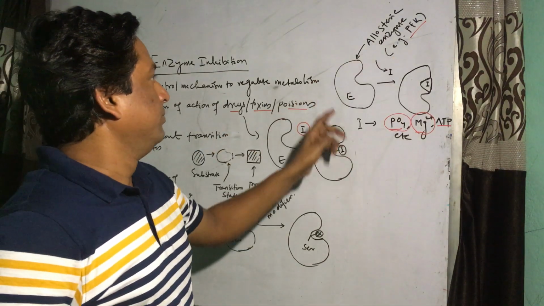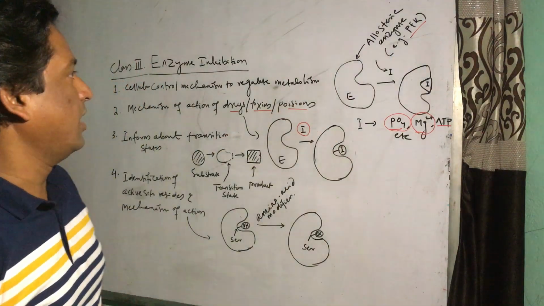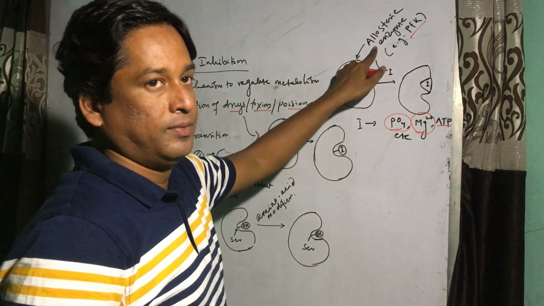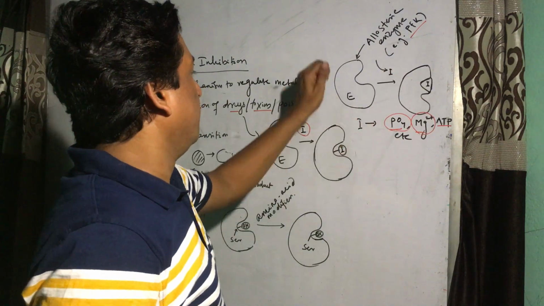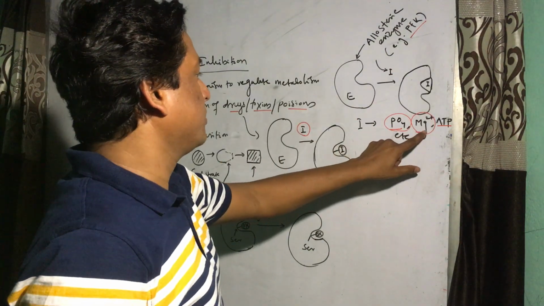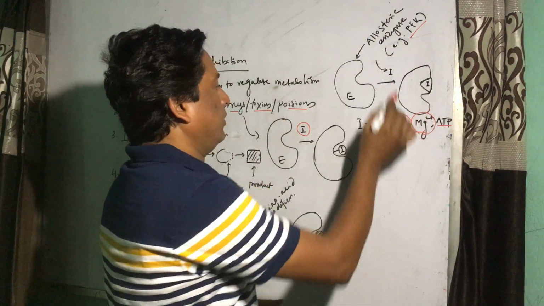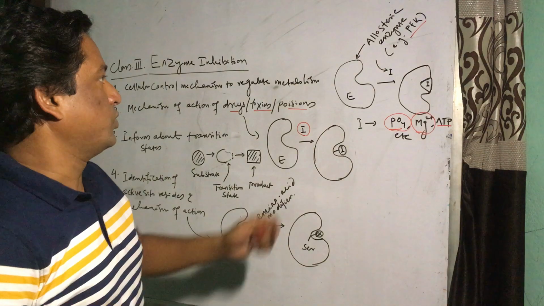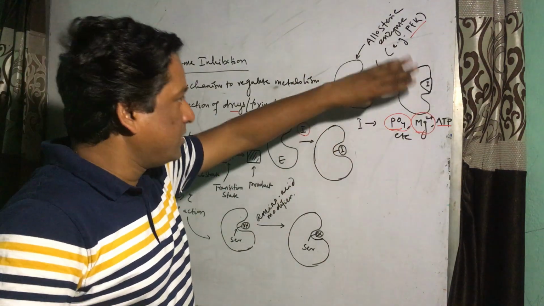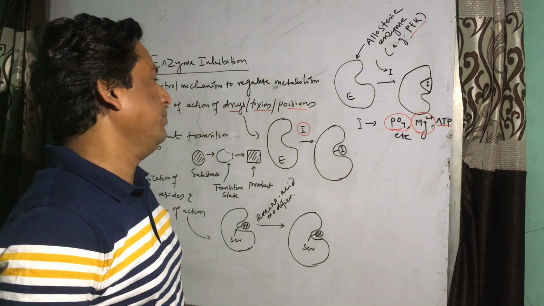For example, the enzymes which are allosteric in nature can be controlled by addition of small groups or ions which act as inhibitors. The addition of these groups alters the structure of the enzyme.